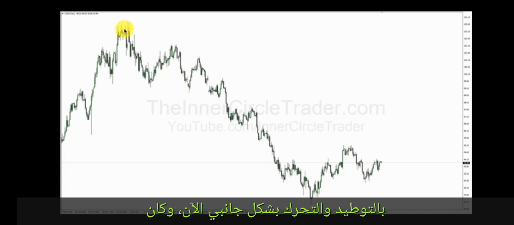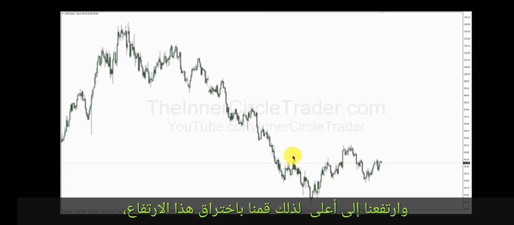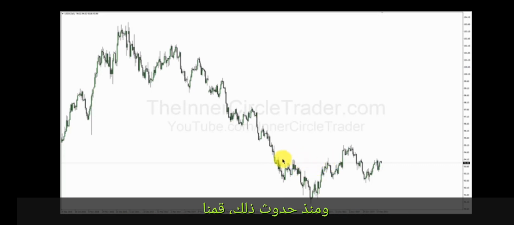Now, the prevailing trend has been down for the entire year on the dollar, and we created a rather significant low here, and we've rallied up. So we've broken this high.